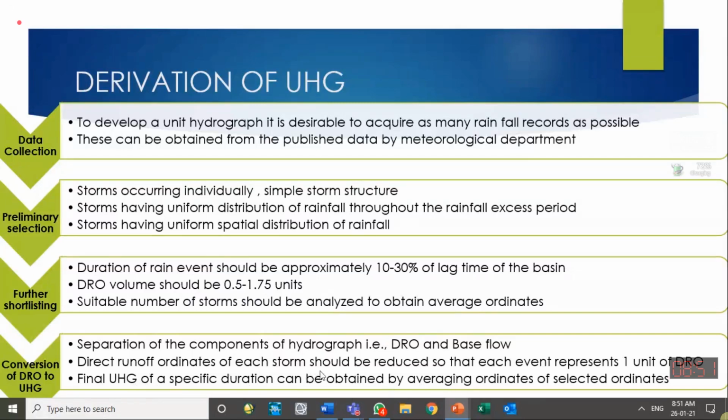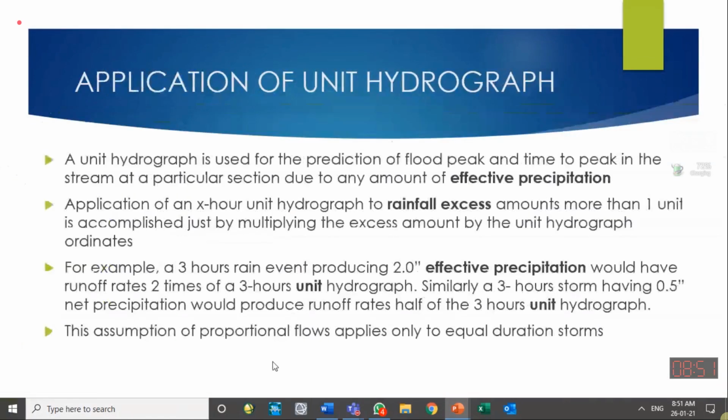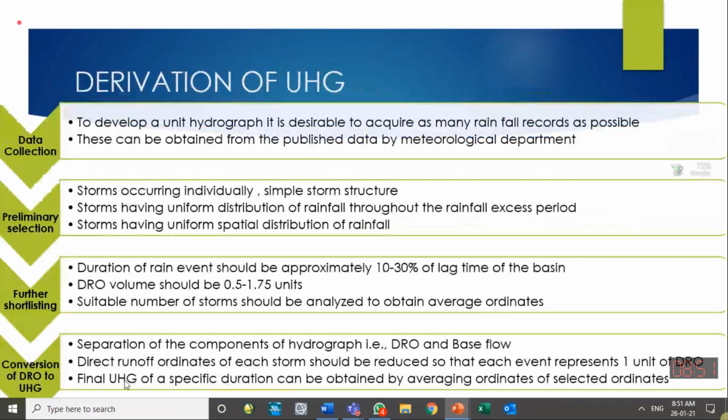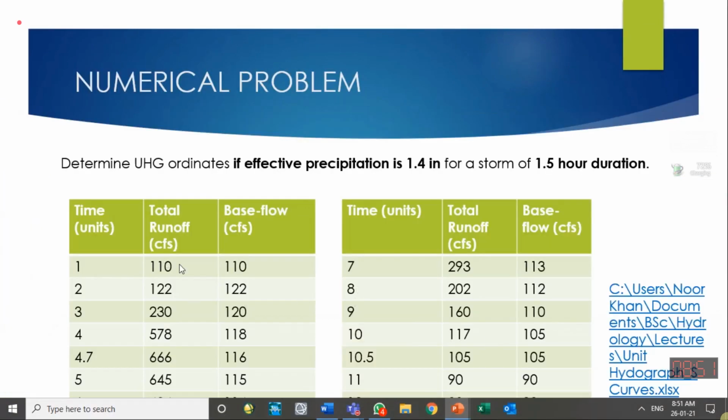If we have done this exercise for a number of storms of the same duration and have a little deviation, then average it out. The final unit hydrograph of a specific duration can be obtained by averaging the ordinates of the selected storms. So that is how you carry it out. This is an exercise you have to carry out at home.